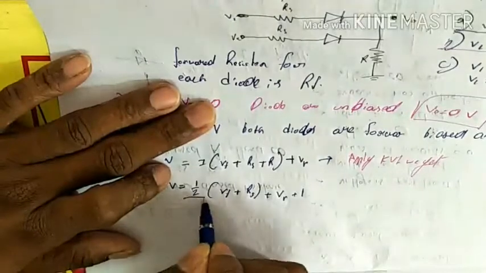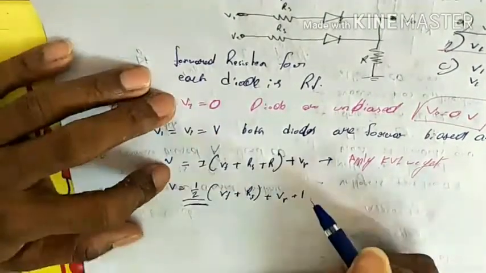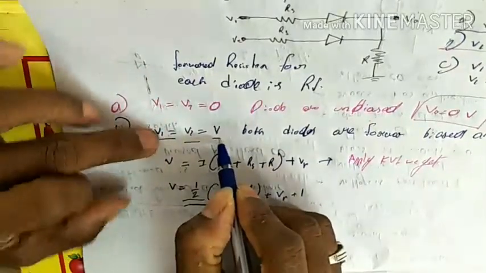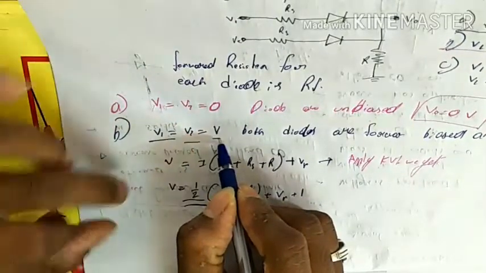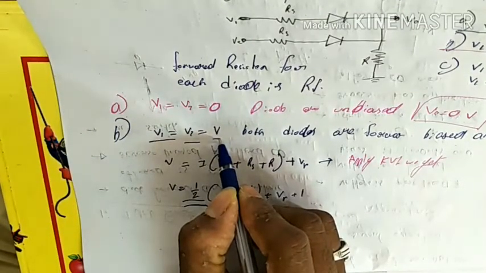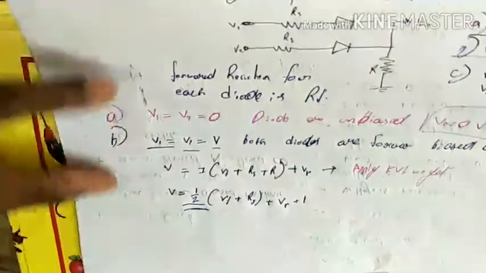Why we get half here is because we are applying voltage to V1 and V2. When we apply the voltage at the V1 and V2 sides, both voltages are applied equally. That's why we get half here.